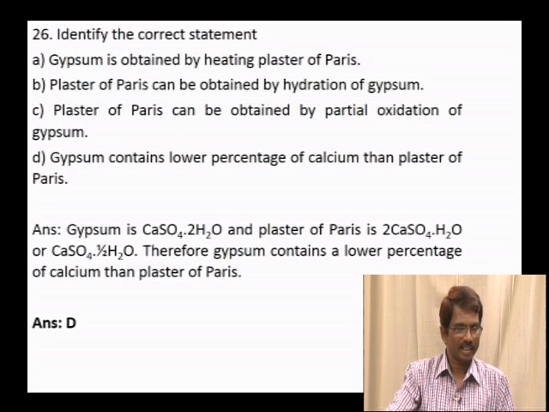We have to find out the correct statement here, and you know gypsum is CaSO4.2H2O, calcium sulfate dihydrate, whereas plaster of Paris is 2CaSO4.H2O or CaSO4.1/2H2O, which is called calcium sulfate hemihydrate. From the formula or molar mass calculations, it can be shown that gypsum contains a lower percentage of calcium than plaster of Paris, and the correct statement among all those is option D.